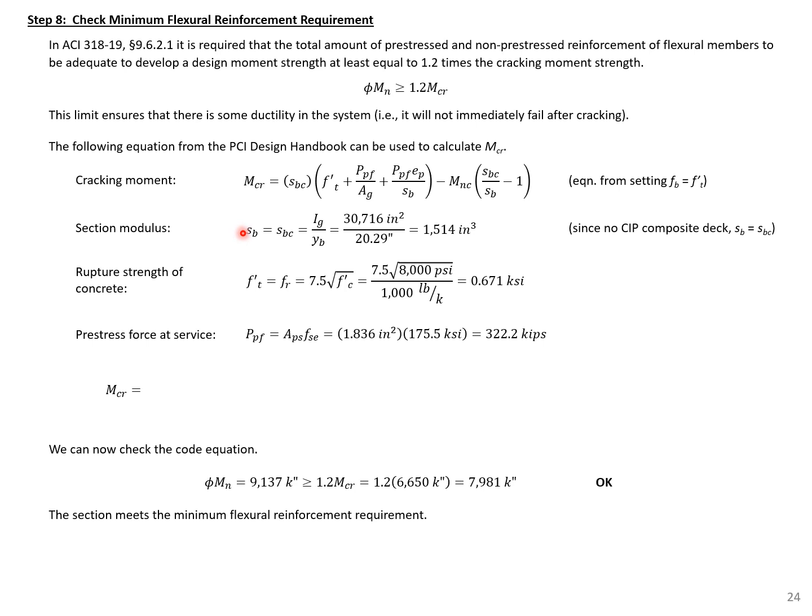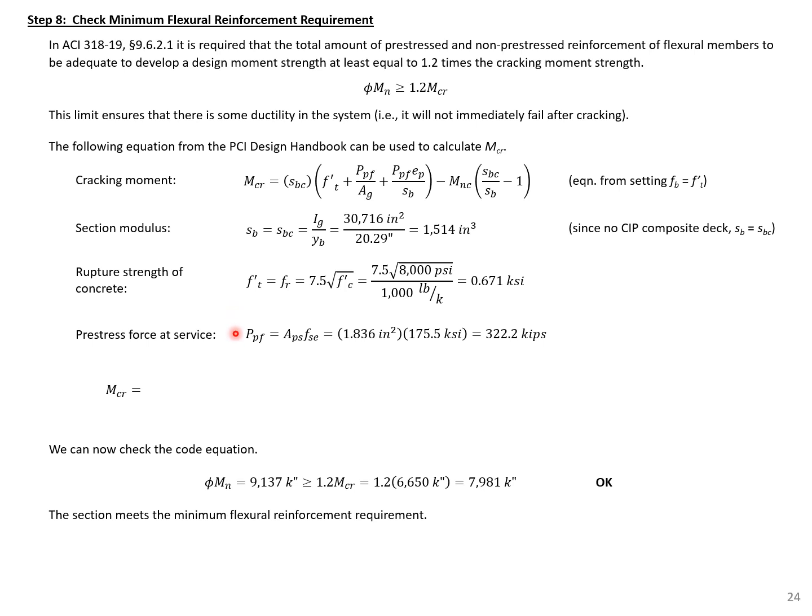We don't have a cast-in-place composite deck, so our S_b is equal to S_bc, which will be equal to 1,514 inches cubed, and this second term here is going to be equal to 0.